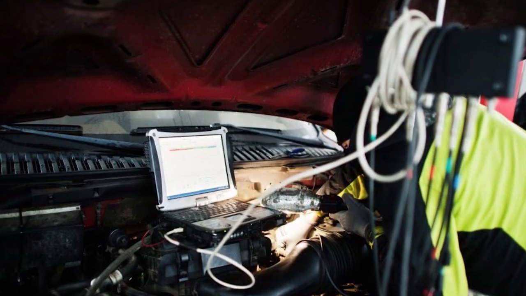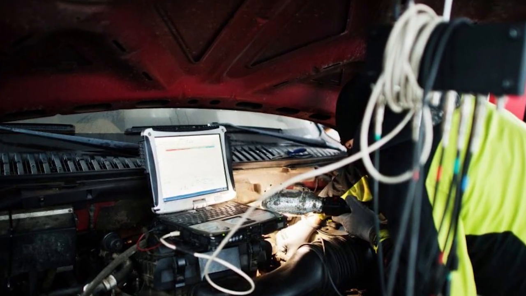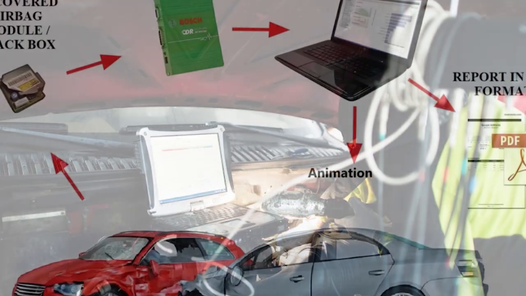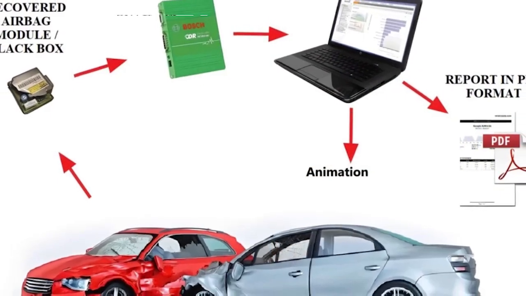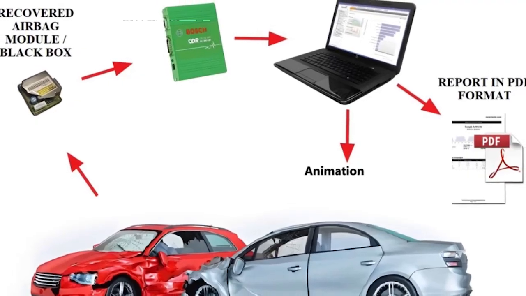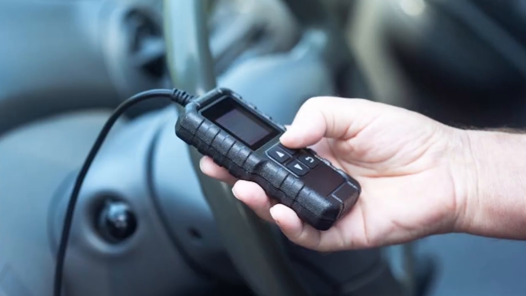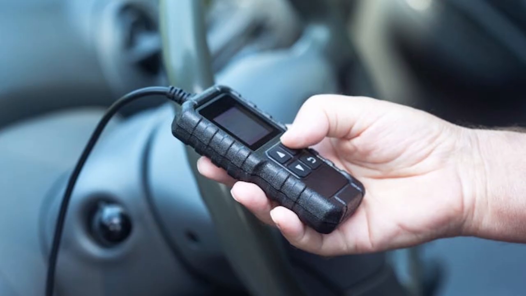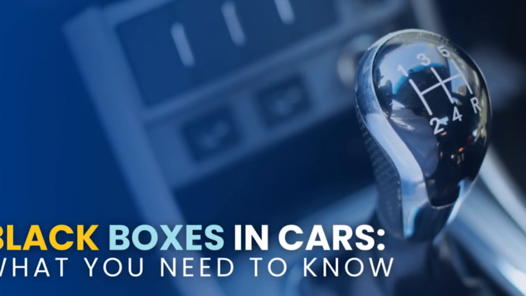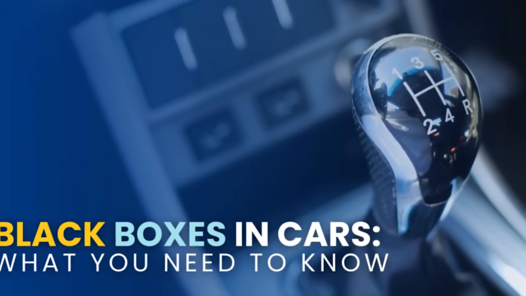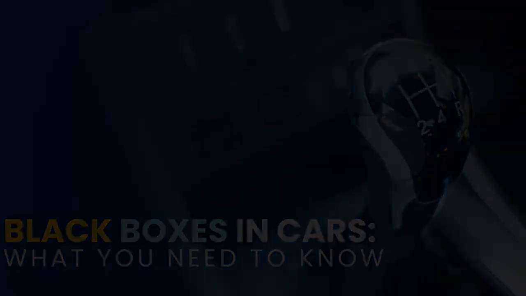This information is not recorded continuously, but in short bursts just before, during, and immediately after a collision. In most cases, black boxes capture data from the last 5 to 10 seconds leading up to impact. That's a small window of time, but it can reveal a lot about what actually happened.